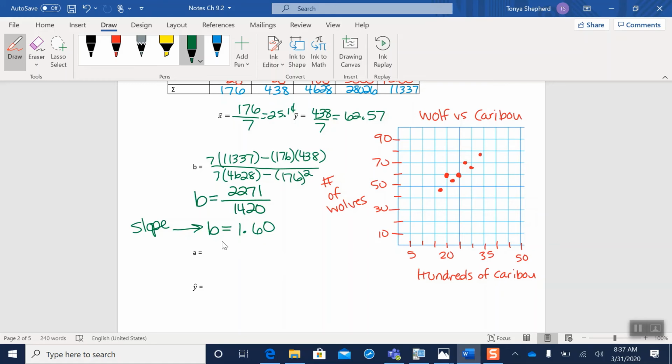and we're going to use that to help us figure out the value for A, which is our y-intercept. Okay, and the formula for this is to take our y bar, which is 62.57, minus b, which we just figured out was 1.60, times our value for x bar, which was 25.14.